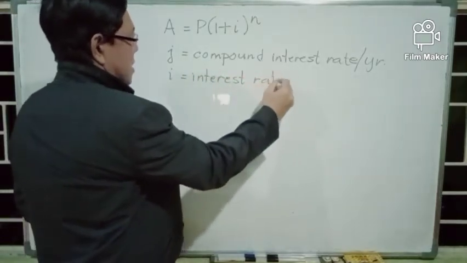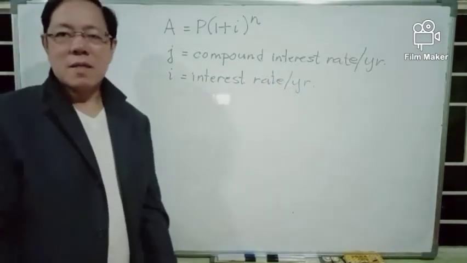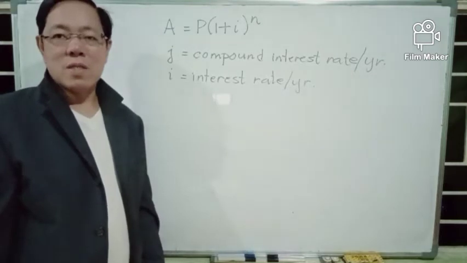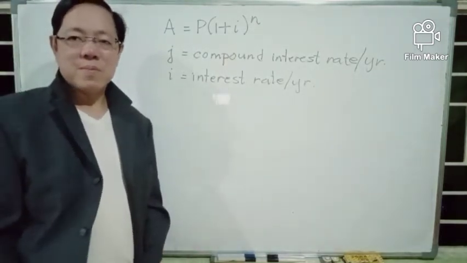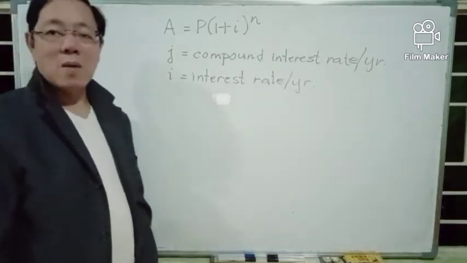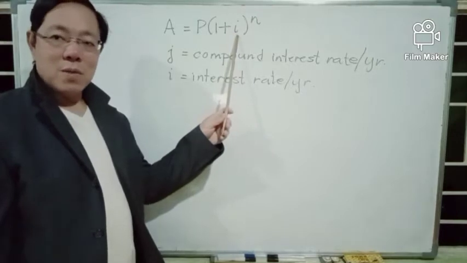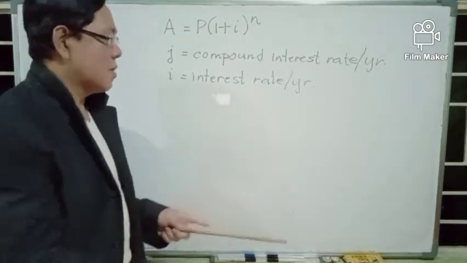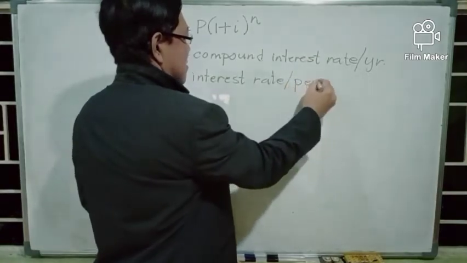In simple interest, small I denotes the simple interest rate. In compound interest, small I denotes the interest rate per period.